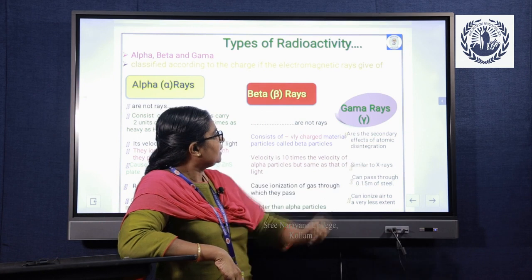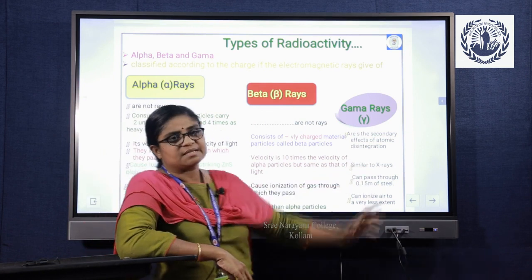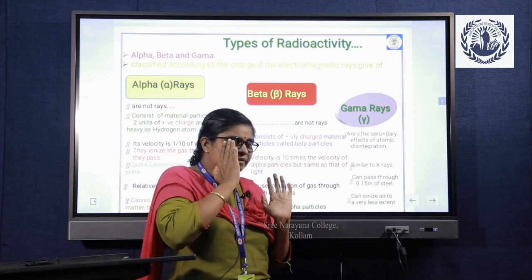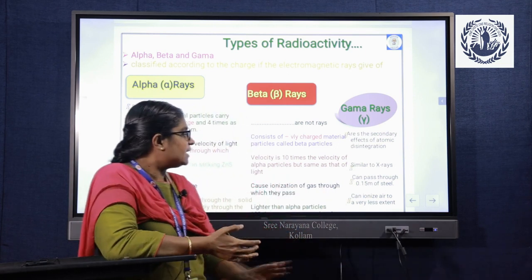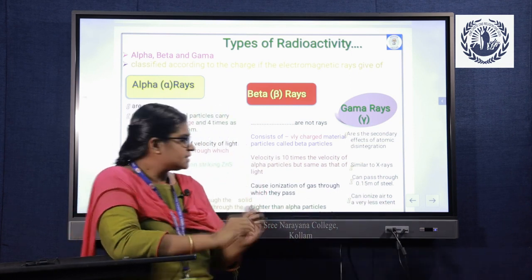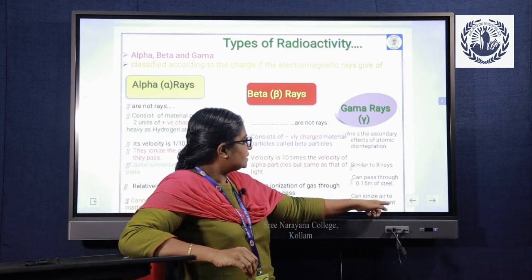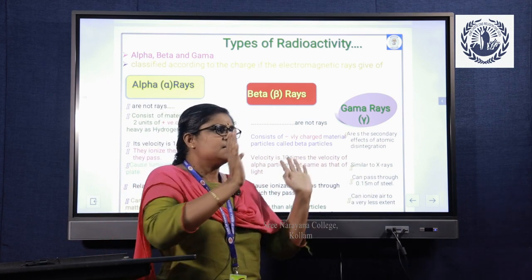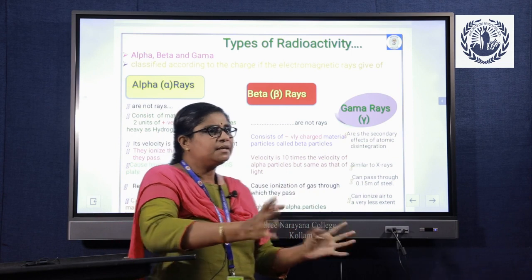It is similar to X-rays and its velocity is equal to the velocity of light, and it can ionize air to a very less extent. Since it is equal to light, it can penetrate.